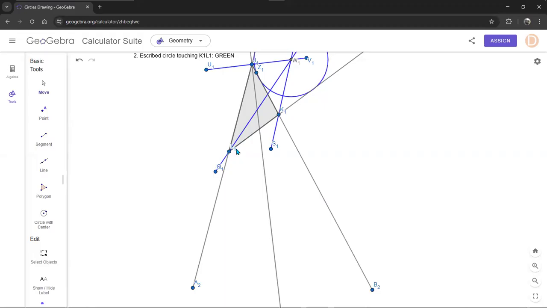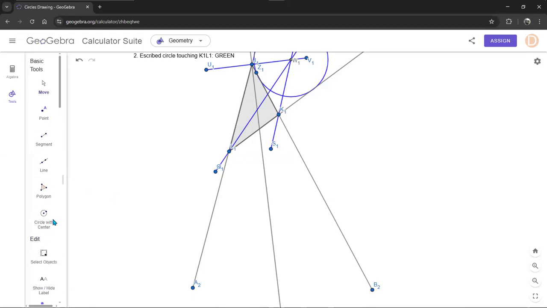But that is the interior angle. What we are supposed to deal with is this exterior angle. So we want to bisect this angle L1, K1, B2, and K1, L1, A2.